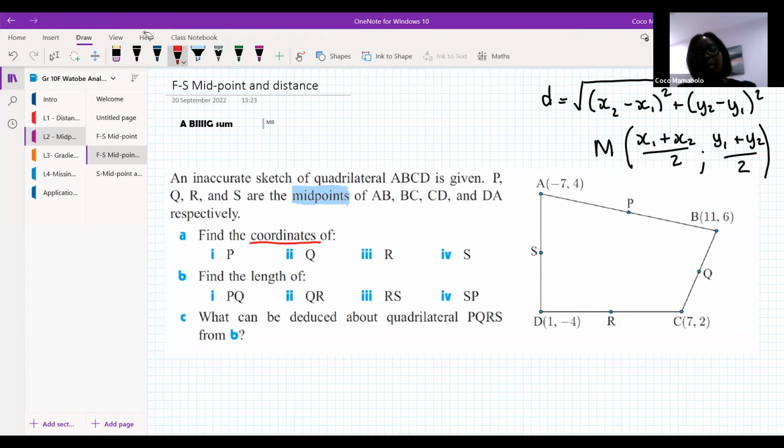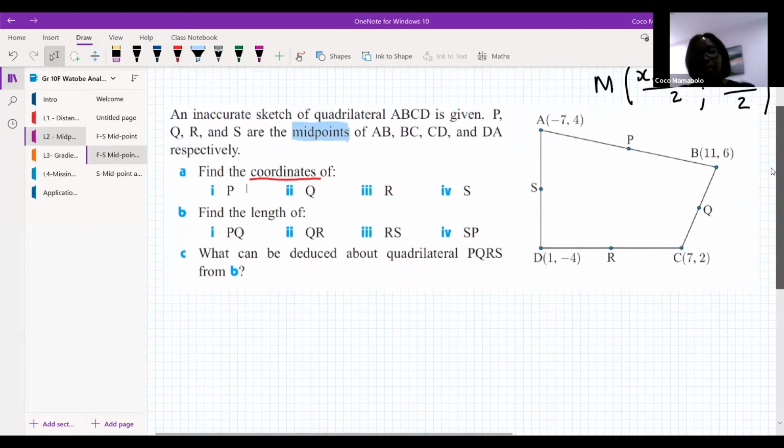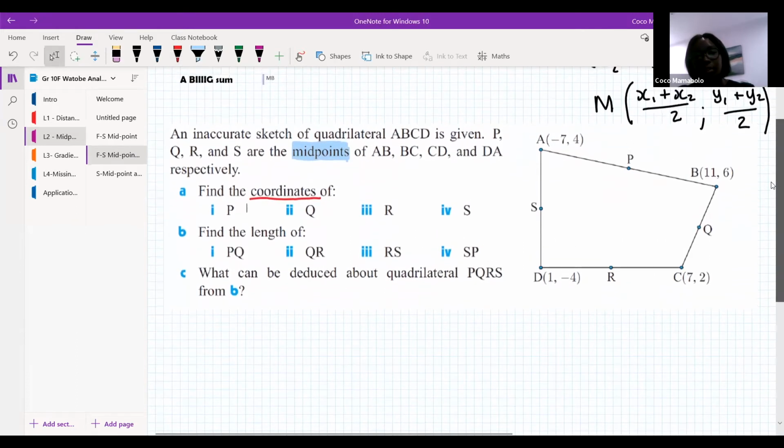I'm going to give you guys some time to calculate for P, Q, R, and S. When you are done, you can type done in the chat, or you can put down any emoji that you like. There are 4 midpoints to calculate, so I'm going to give you guys 4 minutes. Okay, go for it.